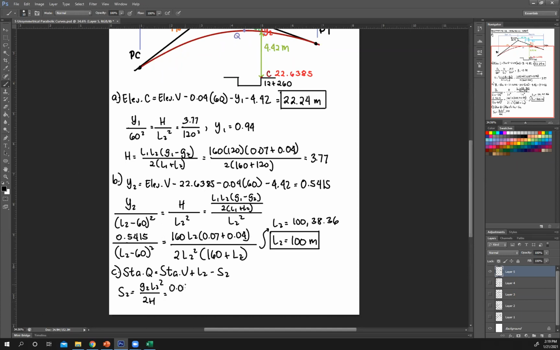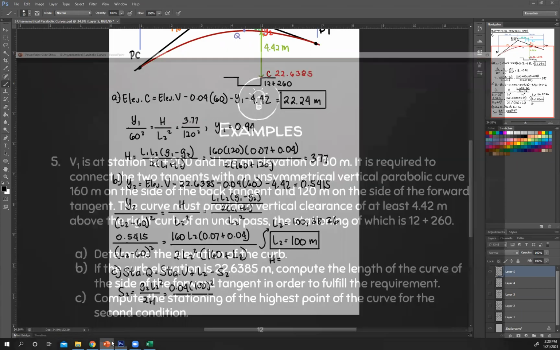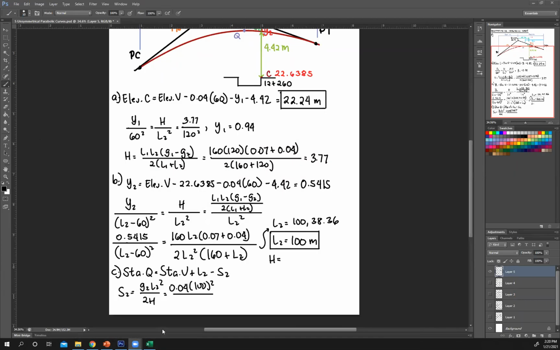So 0.04, 100 squared over 2H. Now solve for H using this equation. Okay. Can anybody please solve for H using this equation? Okay. Considering L2 now is 100.